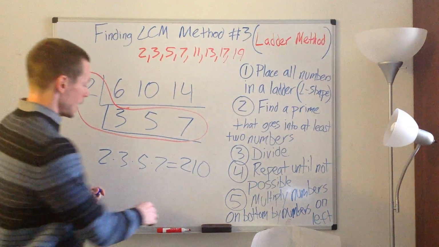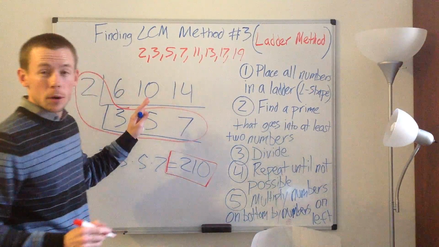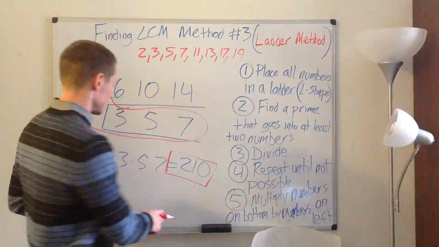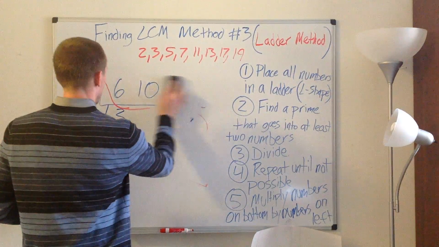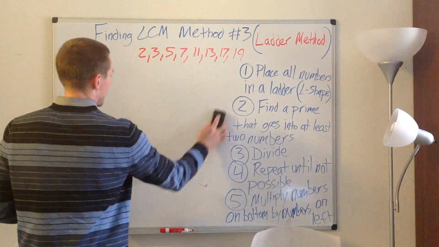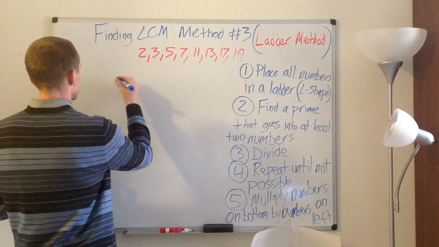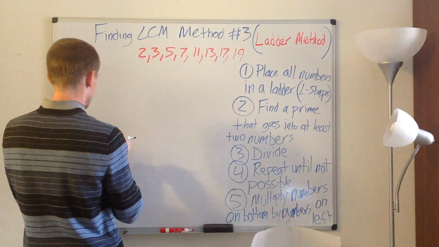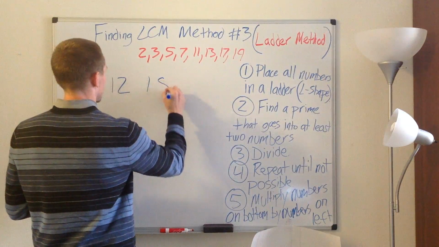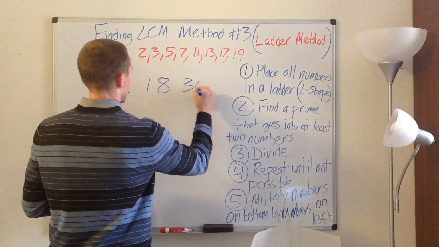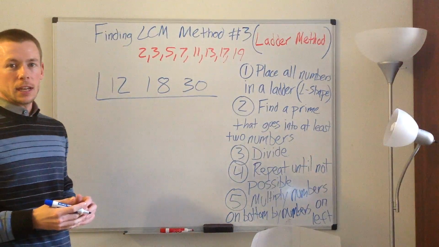So now let's look at one more example where we get a little bit of a longer ladder. Let's look at 12, 18, and 30.